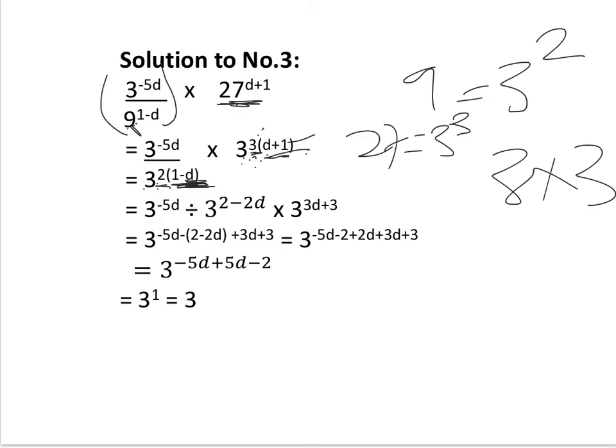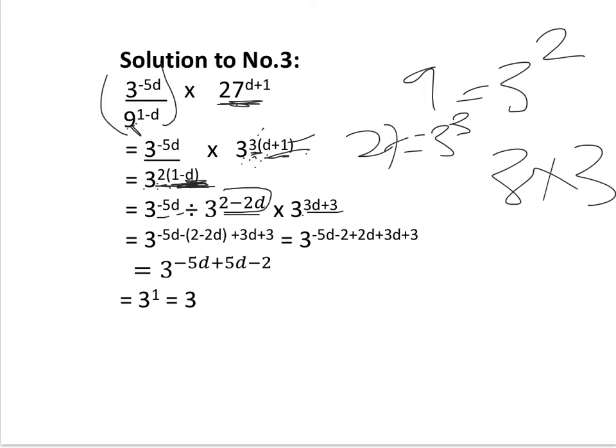So it's equal to 3 raised to power minus 5d divided by 3 raised to power 2 minus 2d. When you open up the bracket, you have 2 minus 2d times 3 raised to power 3d plus 3. So since they are all in the same base, we just first subtract the power of this one, 2 minus 2d, from minus 5d, then add the power of this one, that is 3d plus 3.